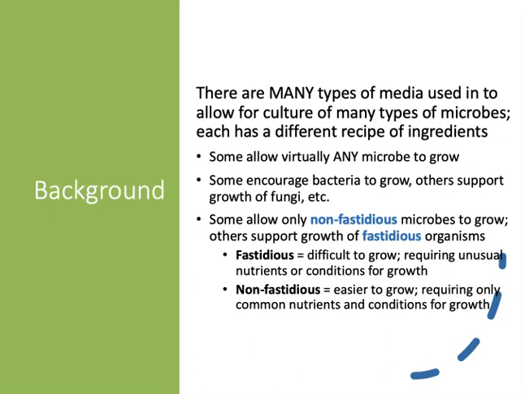In comparison, a fastidious microbe is one that's very difficult to grow in the laboratory, usually because they have very particular nutritional requirements or they have very unusual conditions that are required for growth. So we have media that will grow most non-fastidious organisms, but we also have media that will help us grow fastidious microbes.